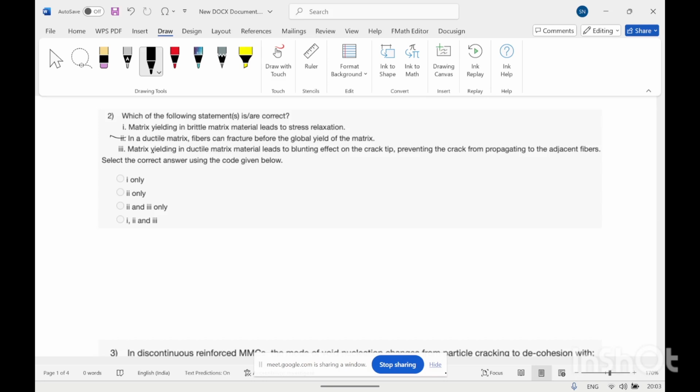The third option says matrix yielding in a ductile matrix material leads to a blunting effect on the crack tip, preventing the crack from propagating to the adjacent fibers. So this is also correct. The first option is incorrect, because in brittle matrix material, the stress relaxation happens because of the debonding of the fiber and matrix. So the right option is C.